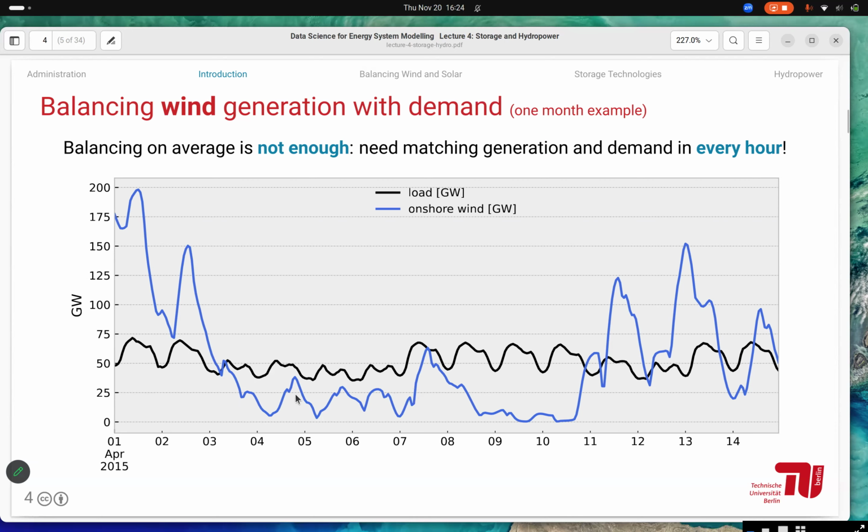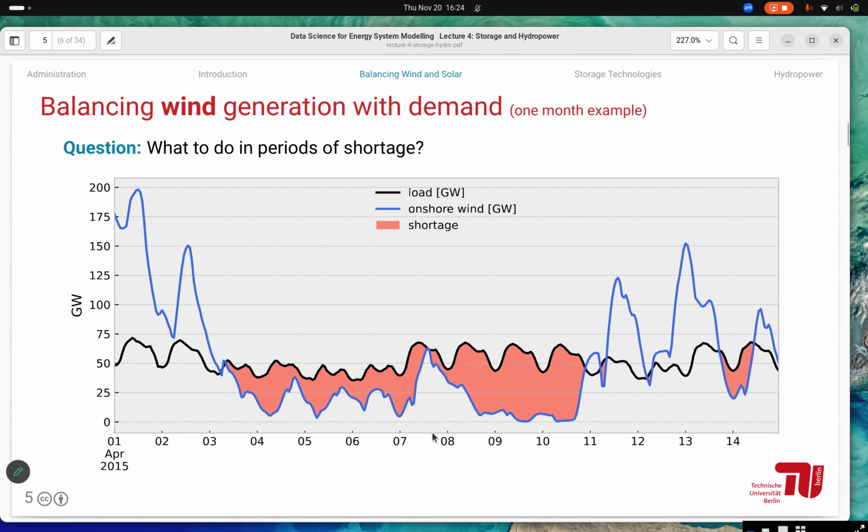And you have some periods here throughout the middle of the month where your wind generation is lower than the demand. Even though I scaled it in a way that the average for this month balances out, we don't have the electricity available at the same time. So we have some periods of shortage and some periods of excess.